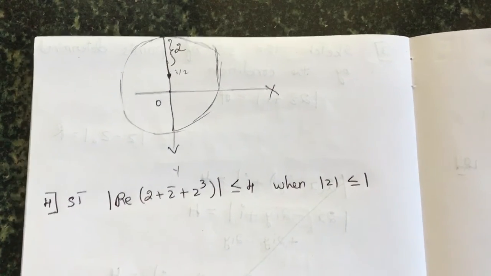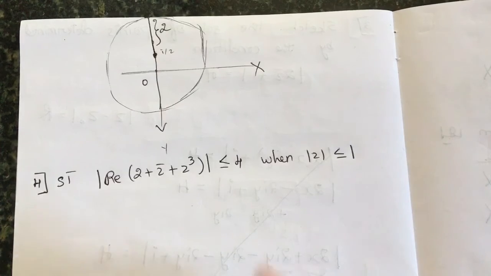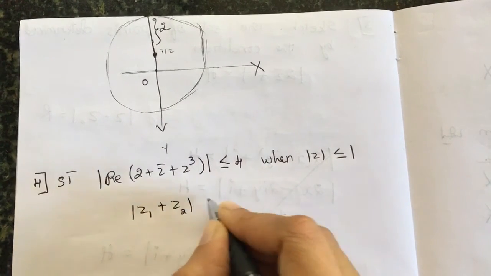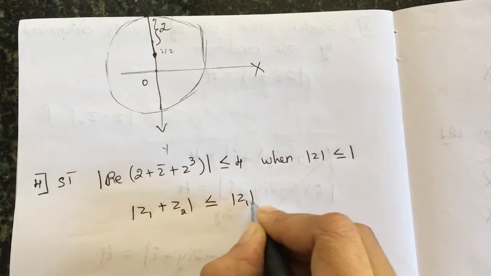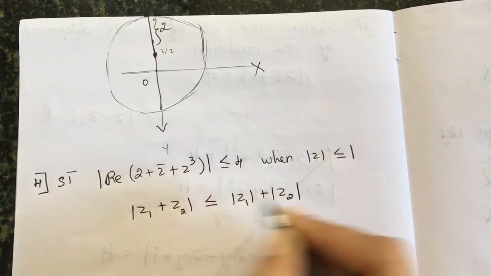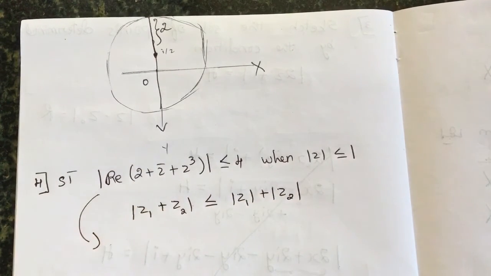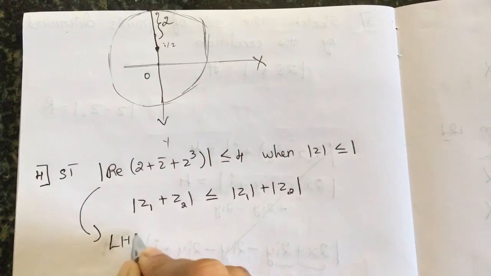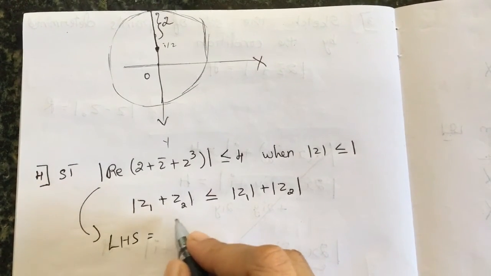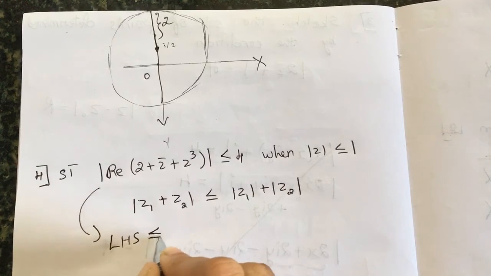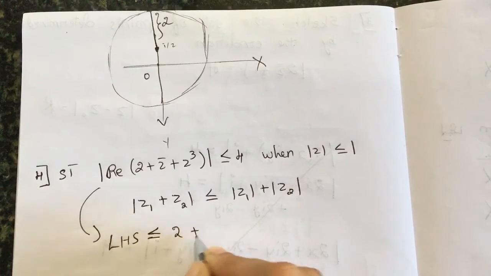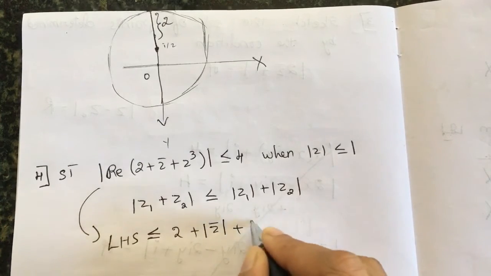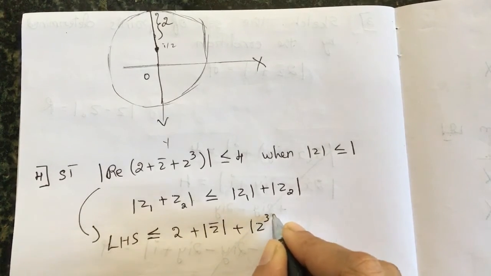See, we know from the triangle inequality, modulus of z1 plus z2 is less than or equal to modulus of z1 plus modulus of z2. Same thing I'm applying over here. So this left hand side is less than or equal to mod 2 plus mod z bar plus modulus of z cube.